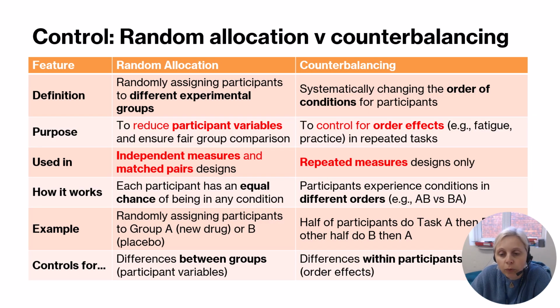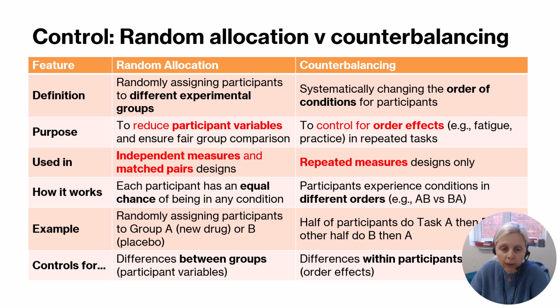So the difference between random allocation and counterbalancing. Random allocation can happen in independent measures and matched pairs design, whereas counterbalancing only in repeated measures. Because your participants will only be in one condition, you randomize how they end up in one condition to control for, well, not control for completely, but reduce participant variables.